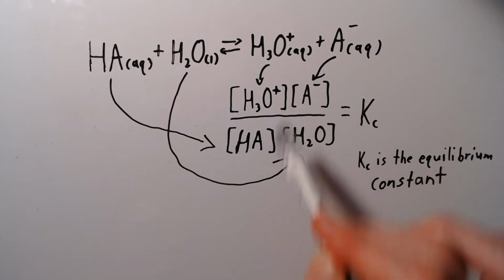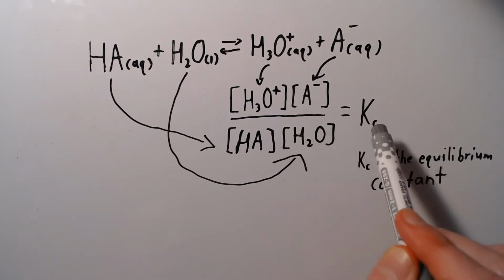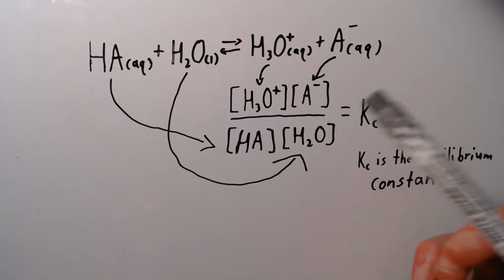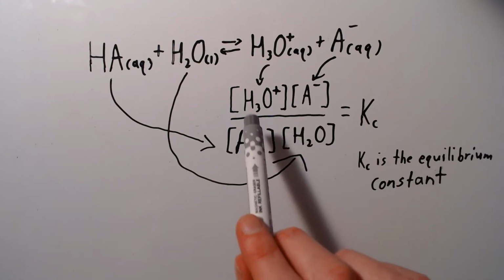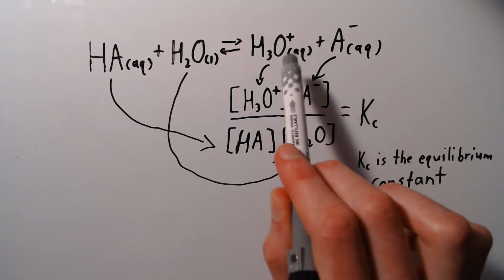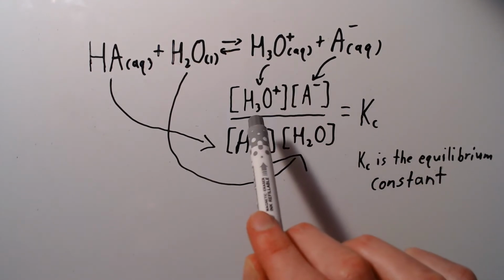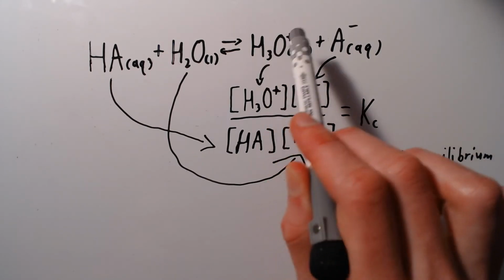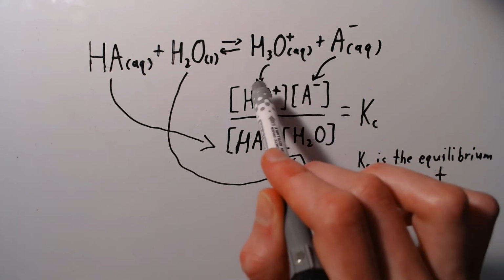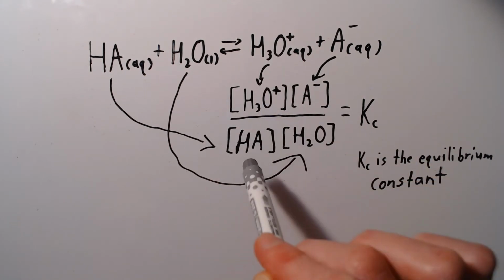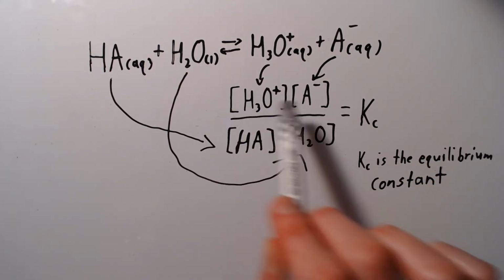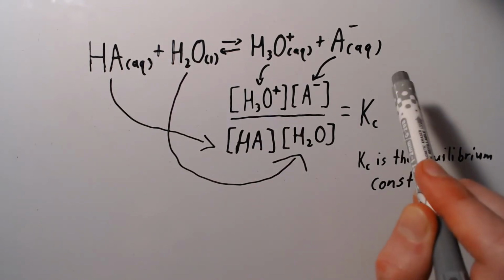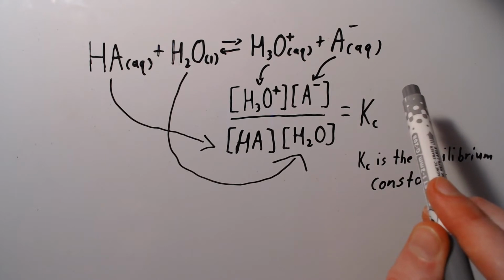So this ratio at equilibrium is Kc, the equilibrium constant. As you can see, the more of these H3O plus hydronium ions produced, the greater the Kc, because a greater amount of product means that this fraction will become greater, because the H3O plus increases in value here, and this Kc value will also go up.